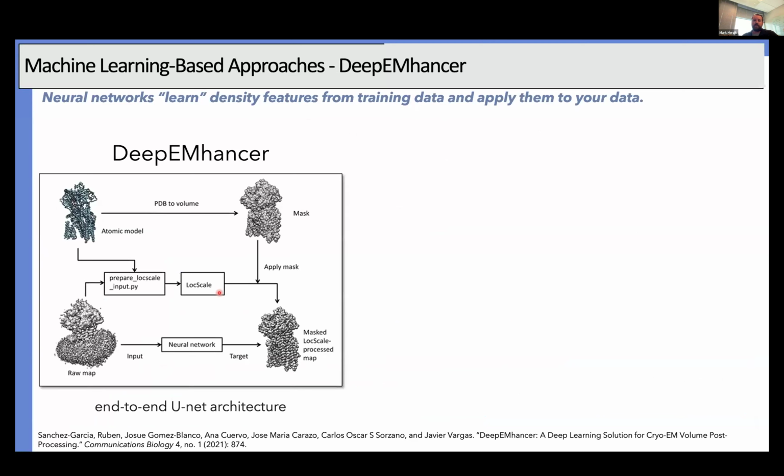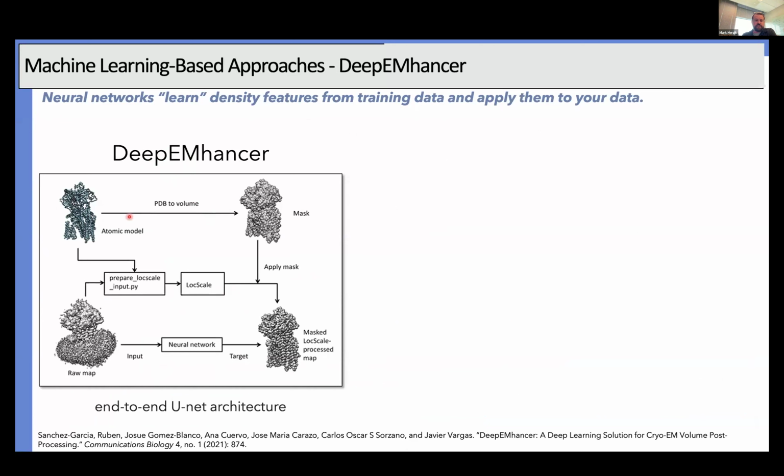And so I'm not going to go into a ton of detail for each of these algorithms because I probably won't do it the due diligence that the authors deserve. But I do want to highlight some general features of why we chose these three different machine learning algorithms. So DeepEMhancer was the first that we chose because it was probably the most popular at the time.